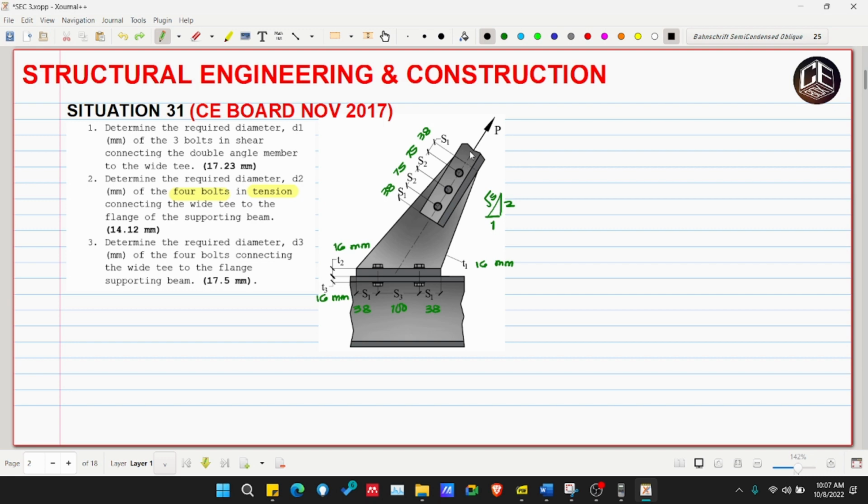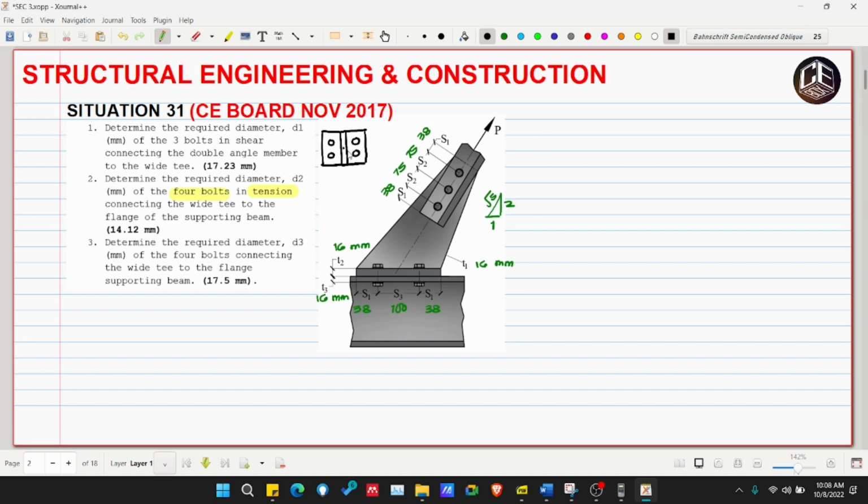Okay? So, mangyari dyan, since in top view, ganito kasi yung top view ng ating wide T. Ito yung element, yung part, ng ating wide T. Diyan nakakonect yung ating angle bar. So, ito yung mga bolts natin. So, 4. So, then ito yung ating P. Okay, naka-top view kasi tayo.